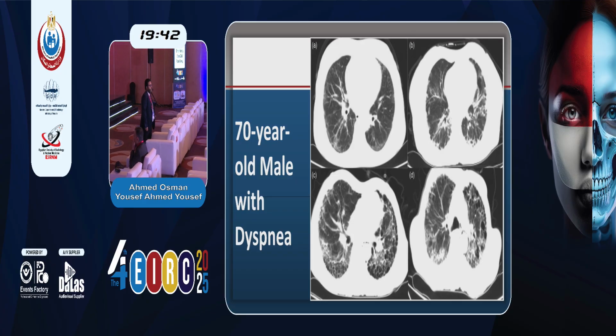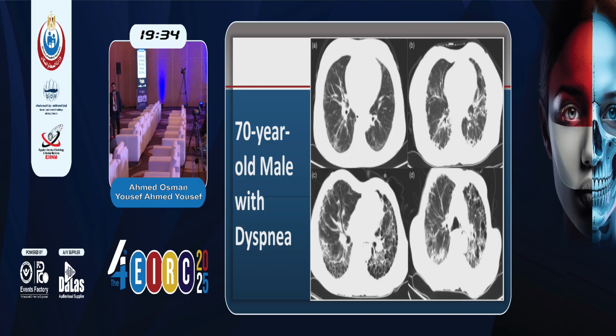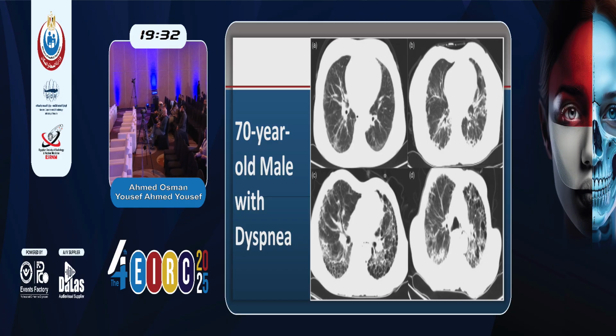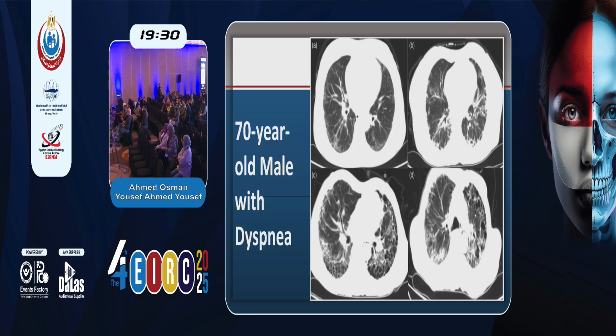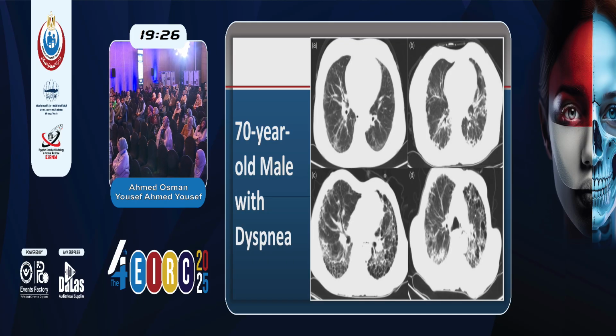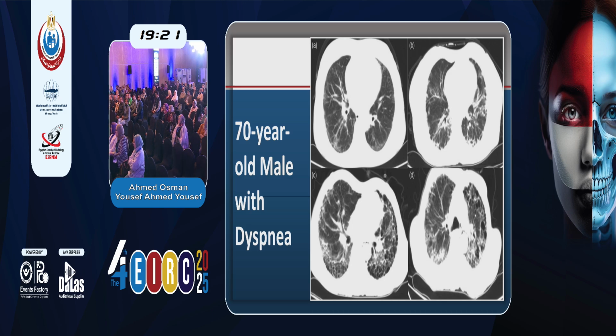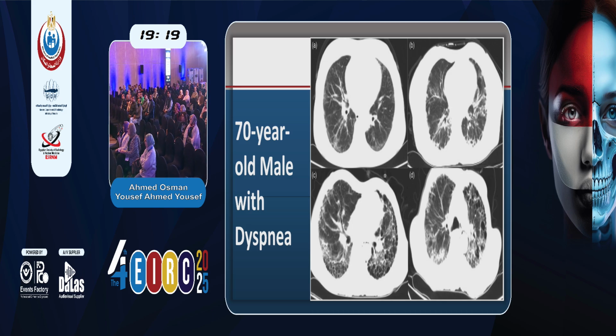Another patient, a 70-year-old male with dyspnea. This is the CT chest cuts. 70-year-old patient with dyspnea. There are bilateral reticulations and basal honeycombing, mild honeycombing.